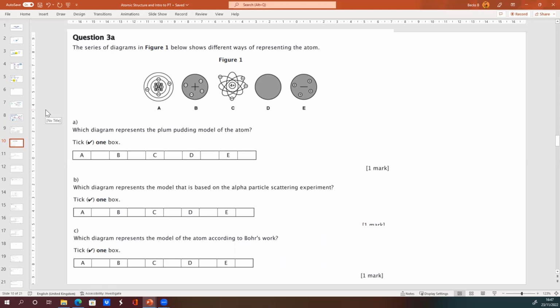Okay, so they're not in the correct order. So for these, just 1 mark each, ticking 1 box. So just make sure you tick 1 box. If you need to change it in an exam, just make sure it's really obvious that you've crossed that one out and reticked, because if you tick 2, you won't score the mark. Okay, so just give you a couple of seconds to have a go at those.